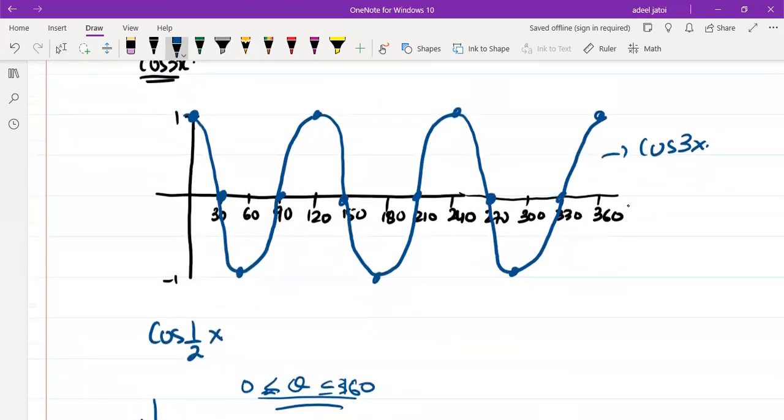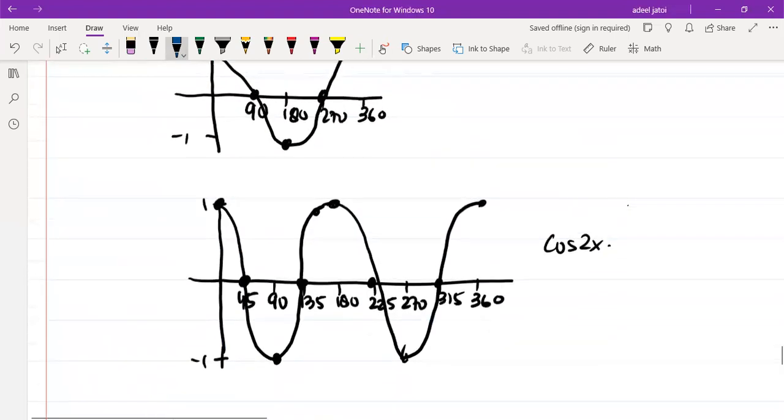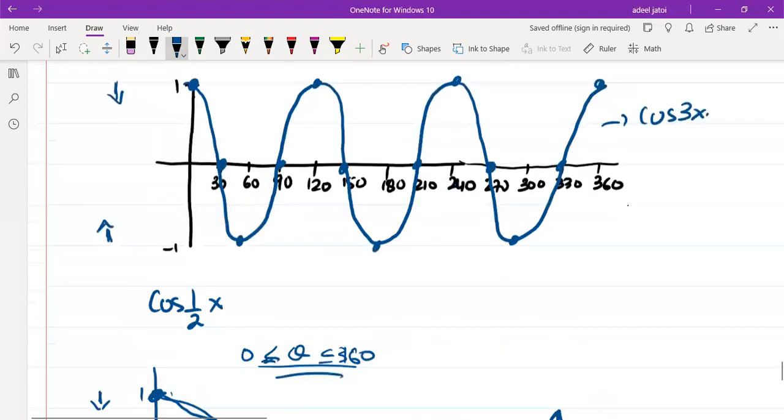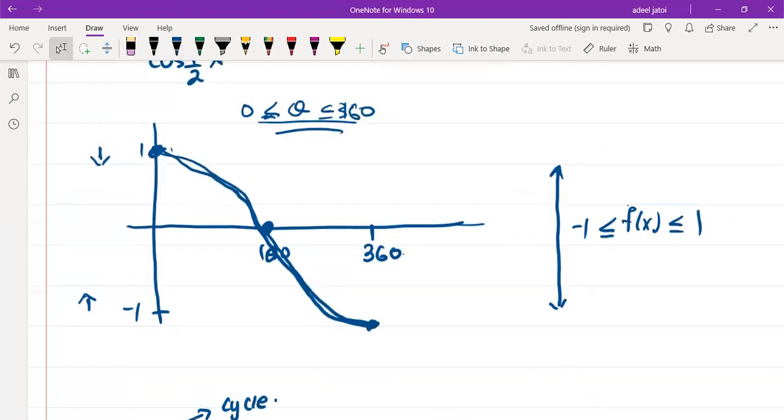Similarly, this will also be greater than -1 and less than 1. This should also be greater than -1 and less than 1. But obviously, since I am doing the angle, theta is greater than or equal to 0 and less than or equal to 360.